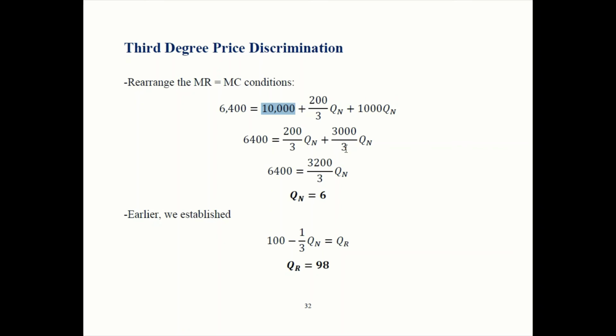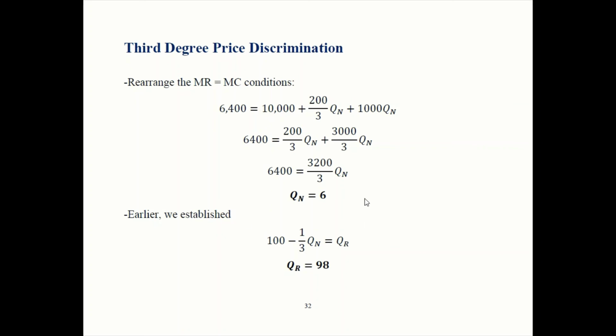Now that I have a common denominator, I can combine these, and I get 3200 over 3 QN. Now to quarantine our QN, we multiply both sides by 3 over 3200, and you can see I've rigged the math a little bit to make things work out cleanly. That comes out to QN equals 6.